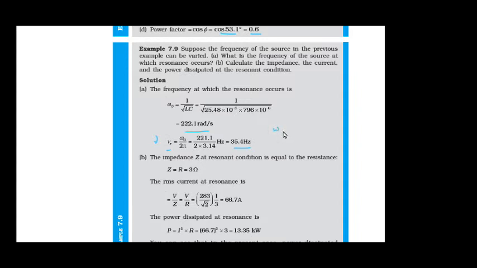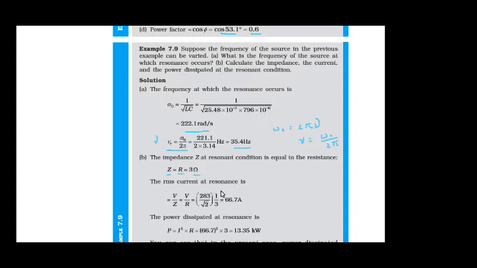We know that omega is equal to 2 pi nu, so nu is equal to omega naught by 2 pi. The same formula is used here. The impedance Z at resonance is equal to the resistance, that is Z is equal to R, which is 3 ohm.